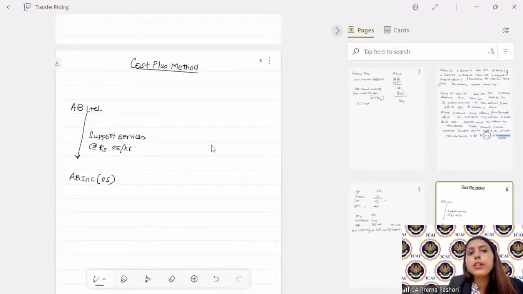So AB Limited is providing these support services to its parent company at rupees 25 per hour.